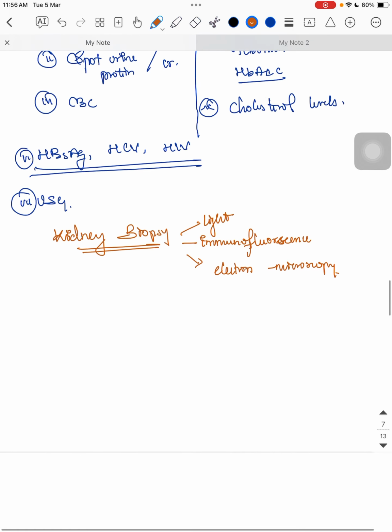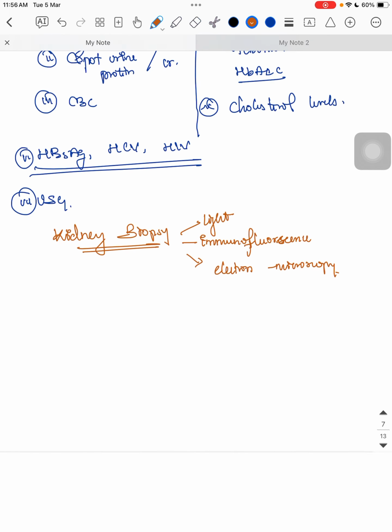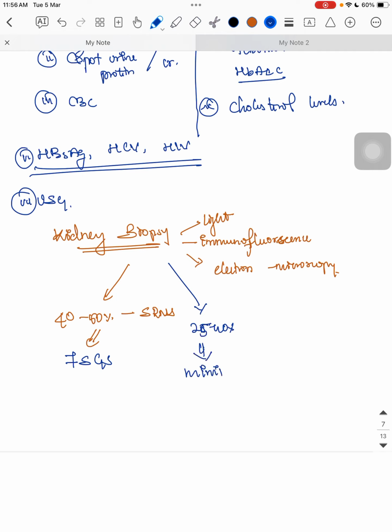Next, in the histopathology of kidney biopsy, 40 to 50% of the children with steroid resistant nephrotic syndrome will be found to have focal segmental glomerulosclerosis, and 25 to 40% will be having minimal change disease.